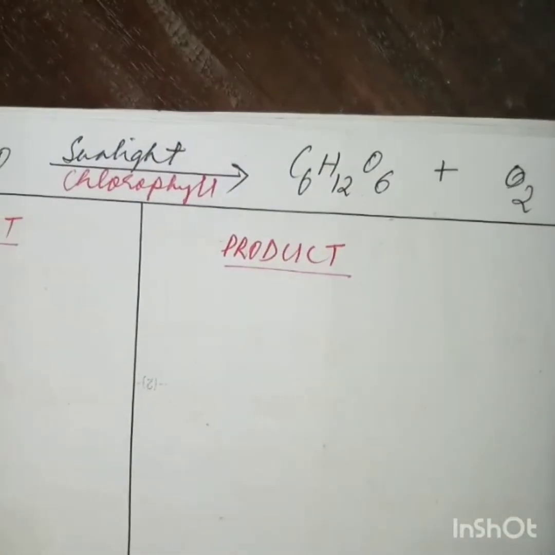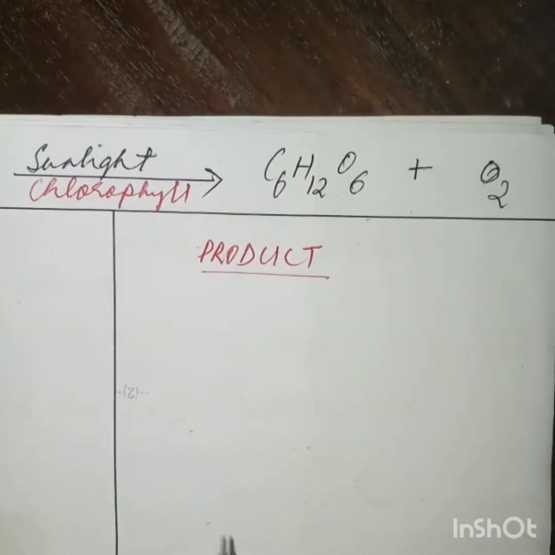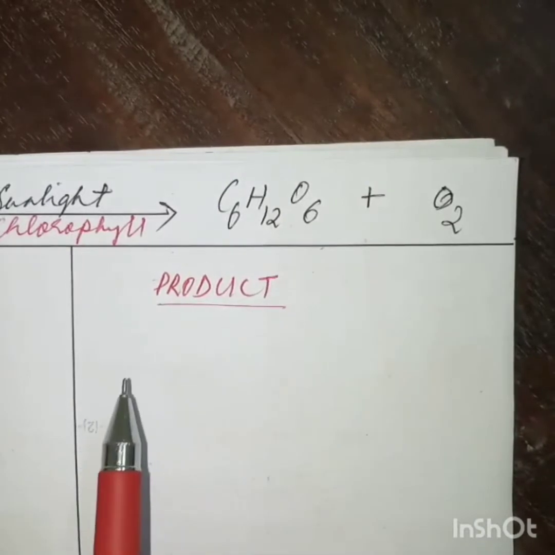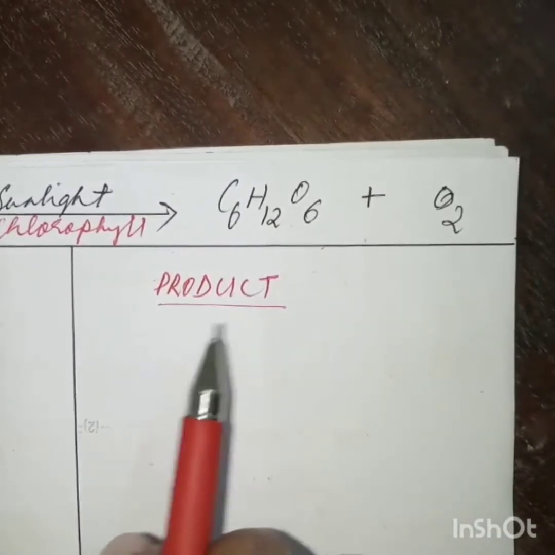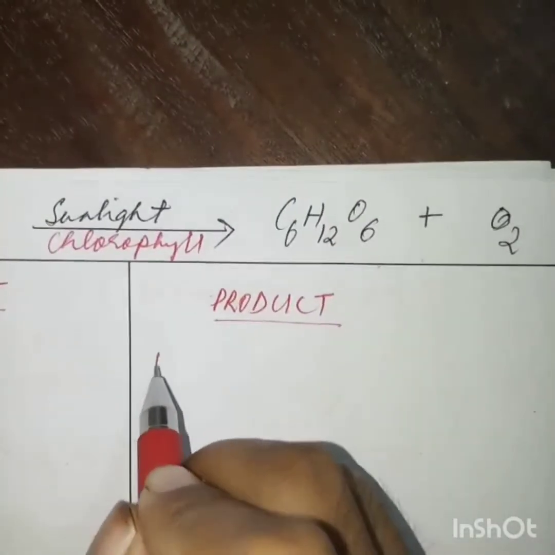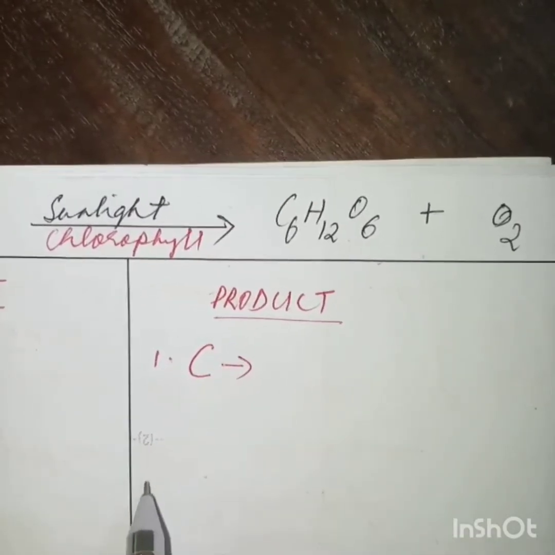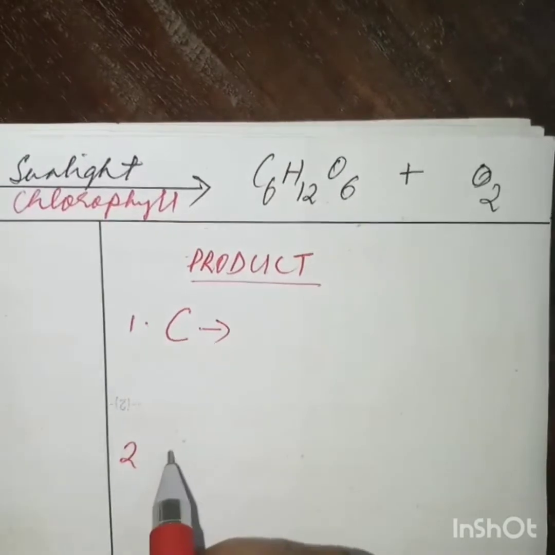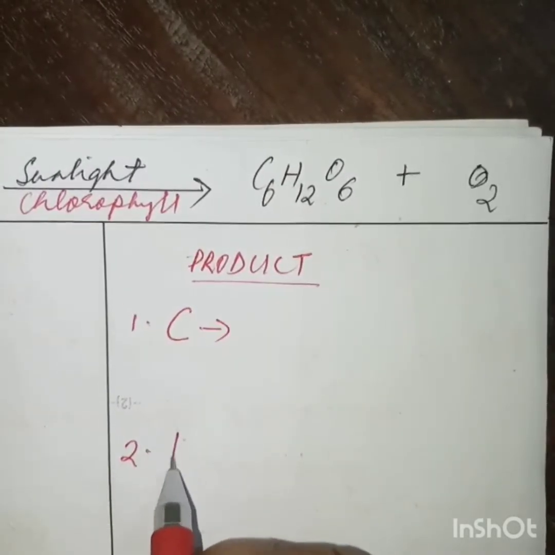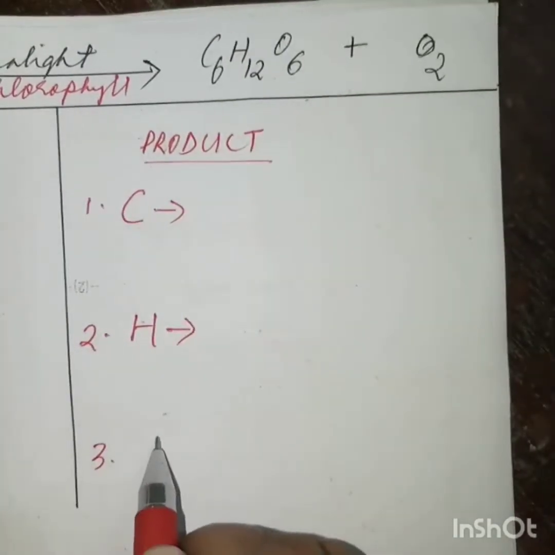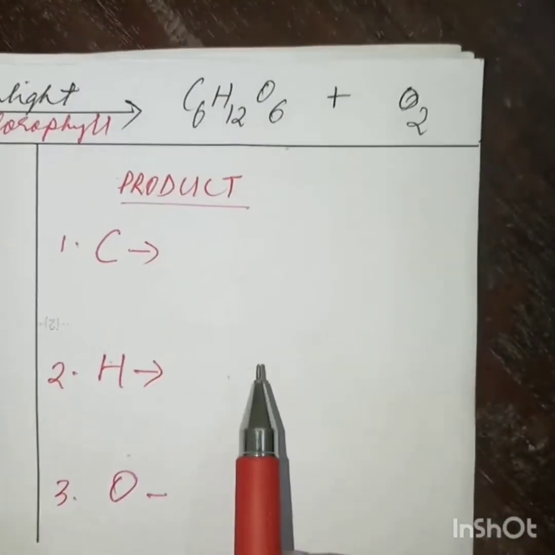So the first step that you need to do is check what elements are present here. What do we have? Number one, we have carbon. Let's write it as a C. Then number 2, we have hydrogen, and then number 3, we have oxygen. We need to write only one oxygen. Why?